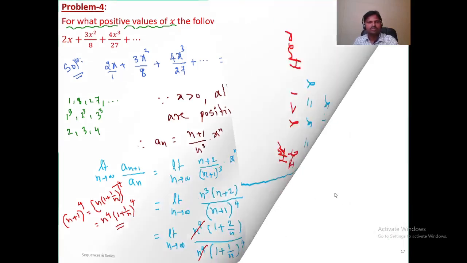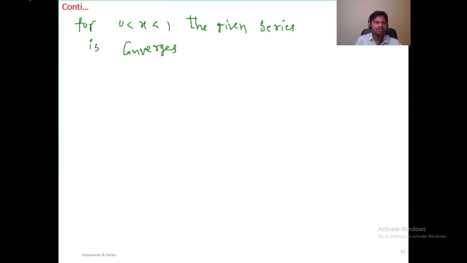Okay, so if L is 1, I mean x is 1, so now let us take case 2. So this is case 1. Okay, so for case 2, if x is equal to 1, what happens?